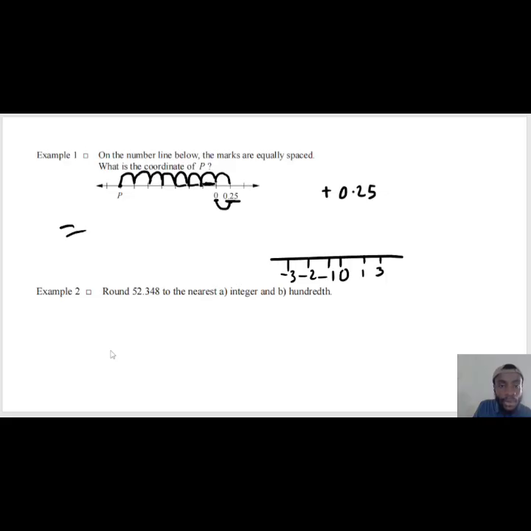One, two, three, four, five, six, seven. So from 0 to P is exactly 7 times 0.25. So that's minus 7 times 0.25. Now, why did I put the minus there? It's simple. Because P is on the negative side, it comes before the 0, so it's negative.